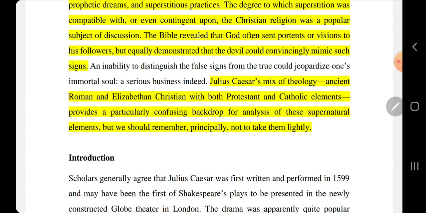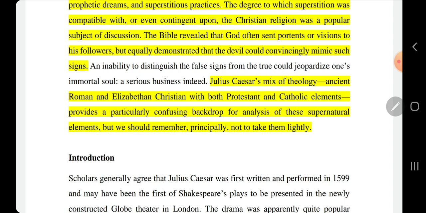So Julius Caesar's mix of theology, ancient Roman and Elizabethan Christian, with both Protestant and Catholic elements, provides a particularly confusing backdrop for analysis of these supernatural elements. So when reading Julius Caesar, we will see there are a couple of supernatural elements happening in the play.